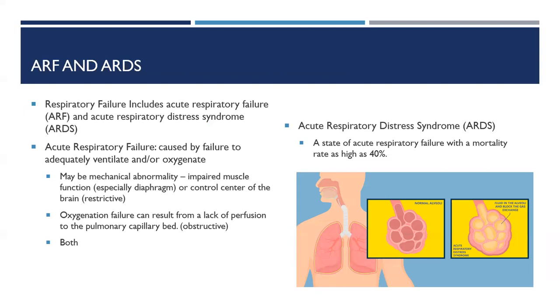It may be due to a problem with the brain. The brain is not telling the lungs to breathe. It can be due to problems with the diaphragm. It can be due to COPD, chronic smoking.